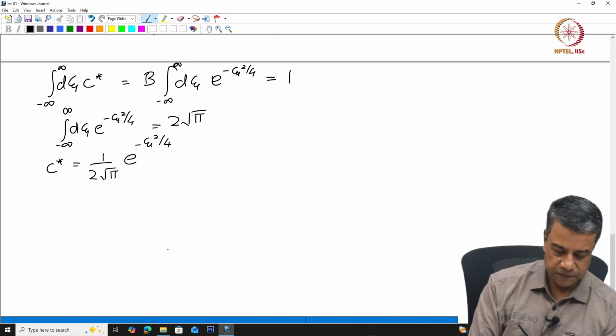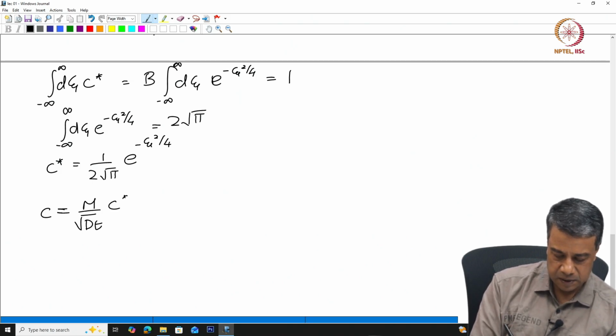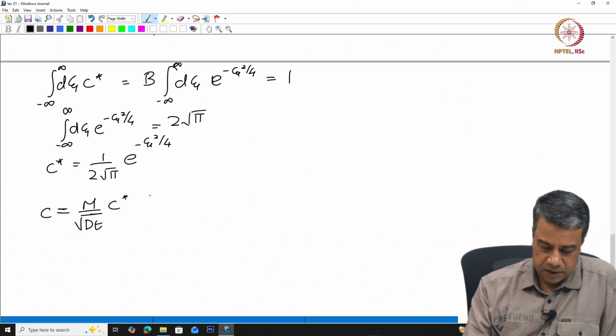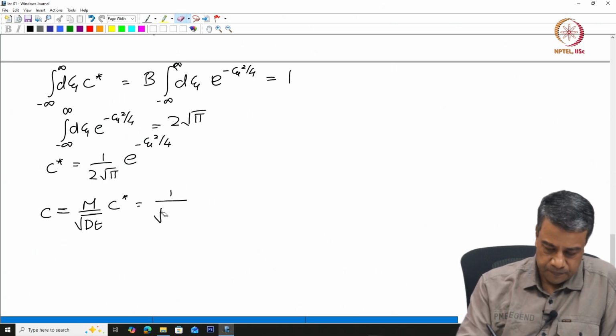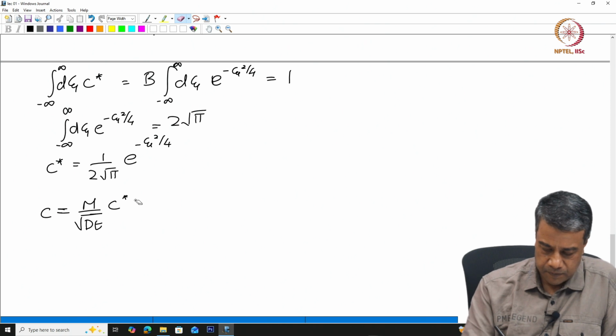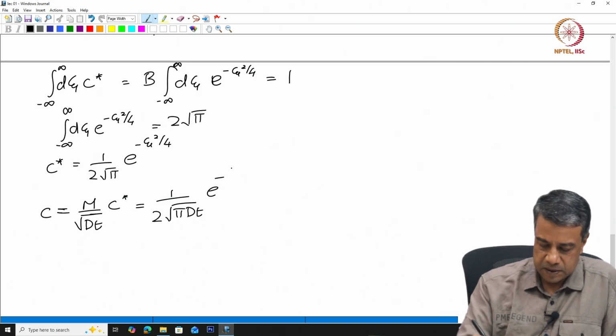And therefore, the concentration field C is equal to m by root dt into C star. Recall that we had scaled it by m by root dt. So C is equal to 1 by 2 root pi dt e power minus z square by 4 dt.